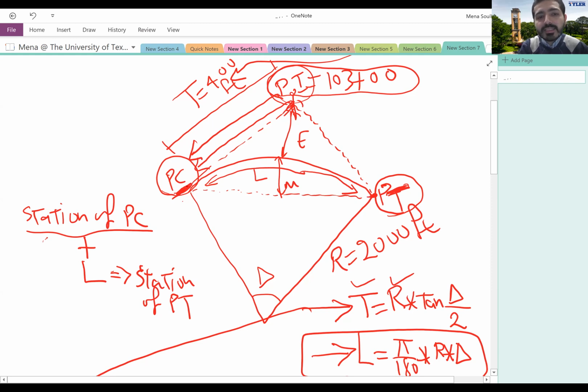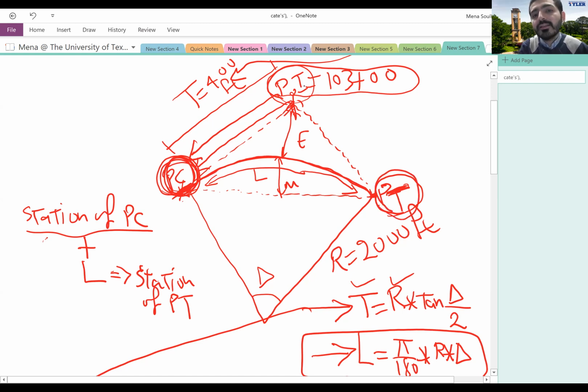But once we establish the beginning of the curve, which is the PC, the importance of the PI becomes very low, because now I know the superelevation and I know the length of the curve. So I would rather establish that L and add the number of stations from the L plus the PC to get the exact stationing of the PT.